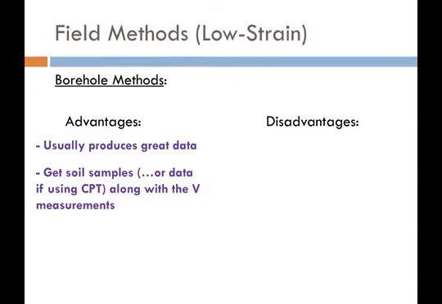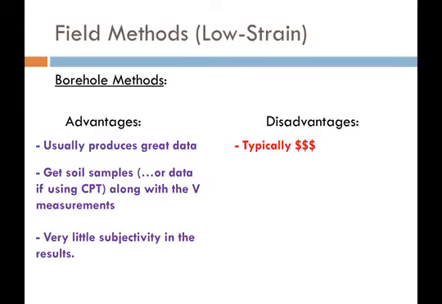Or performing CPTs, we can at least get in situ soil data and more properties about the geotechnical properties of the soil. And so that's usually advantageous. And there's very little subjectivity in the results. I mean, what we measure is what it is. We don't have to make any guesses or assumptions. It is what it is.